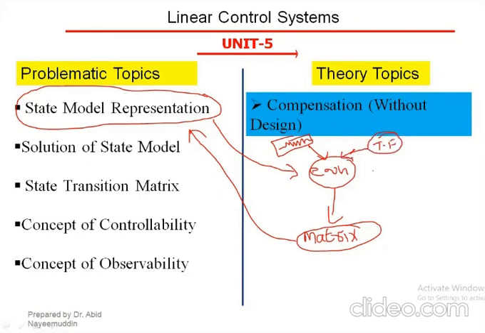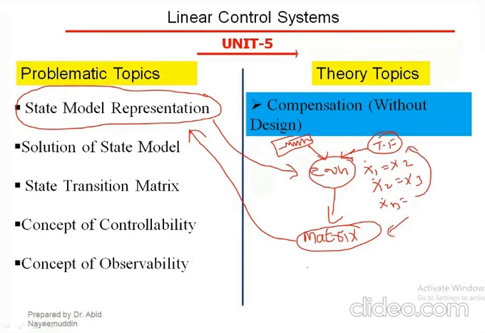When the transfer function is given, just without any procedure write the transfer function in the form of equations as x1 dot is equal to x2, x2 dot is equal to x3, and so on, up to xn dot from the given transfer function, and convert these equations into matrix form.